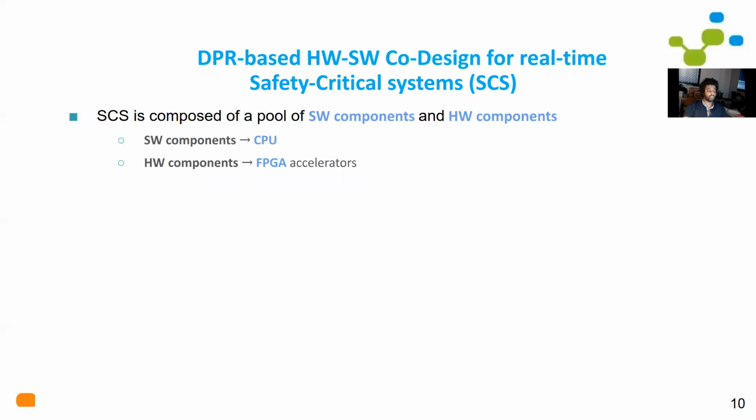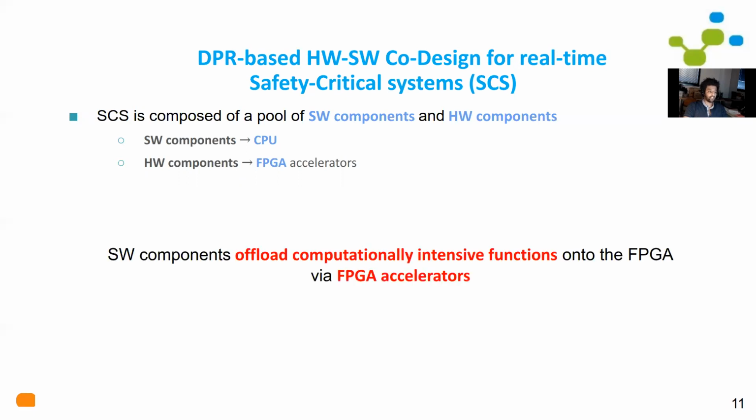The software components are mapped onto the CPU, and the hardware components are mapped onto the FPGA accelerators. The idea behind using a co-design approach for safety critical systems is to offload computationally demanding functions onto the FPGA and therefore improve the performance of our application.